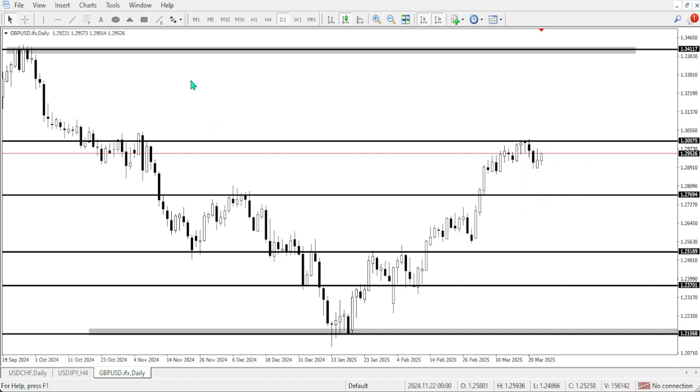So now, either the market can move down to find support at the zone before we continue with our buys, or the market can break and keep on moving up.